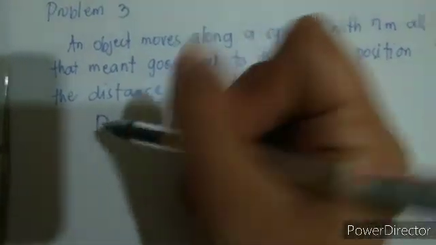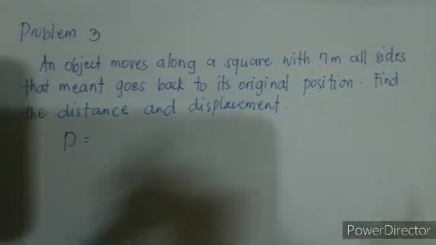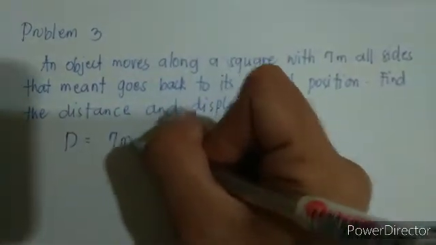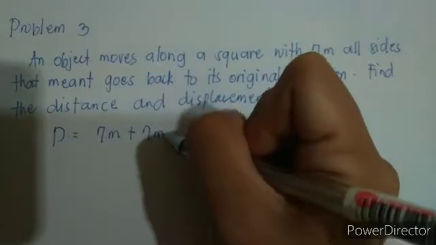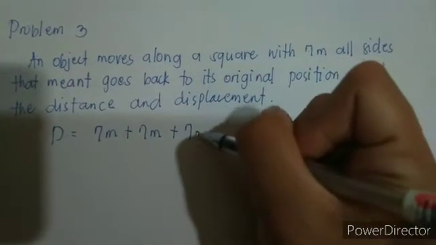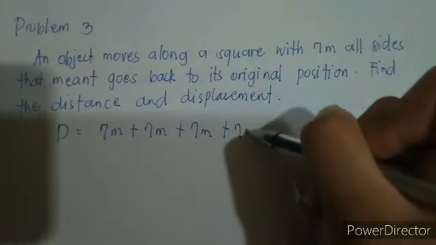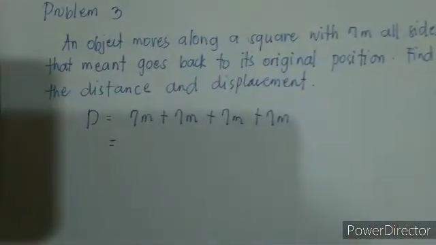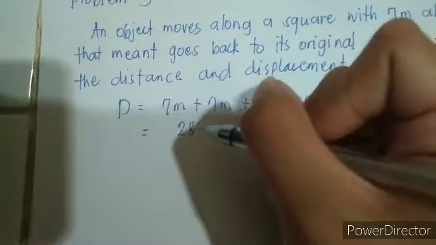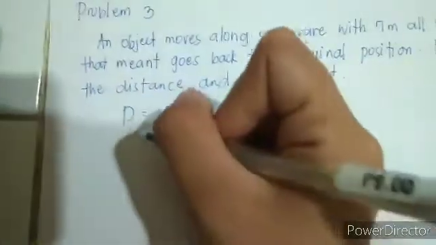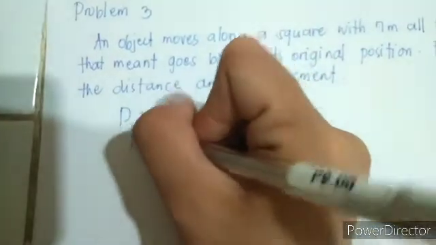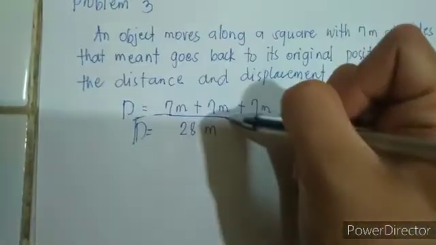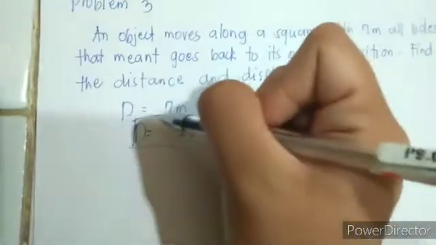D is equal to, let's add 7 meters plus 7 meters plus 7 meters plus 7 meters, because the square has 4 sides. So that's equal to 28 meters. So the distance of an object that moves along the square is 28 meters.